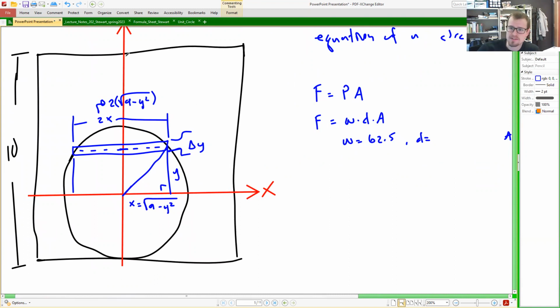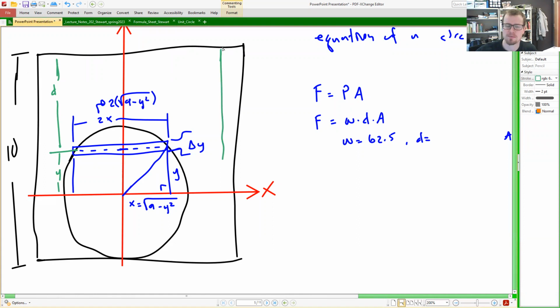So the depth is equal to, let's see here, this value. I have to know where exactly this is, because here I have a y value, right? That's my y value, but that's not the depth. The depth is better described as, right here, this is our depth. And of course, this value here is y. But what's this distance here? So maybe I'll label that over on this side.